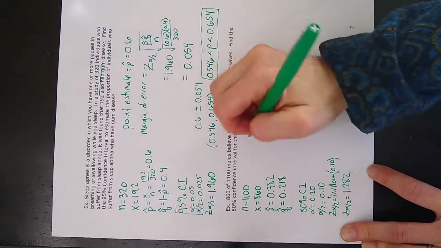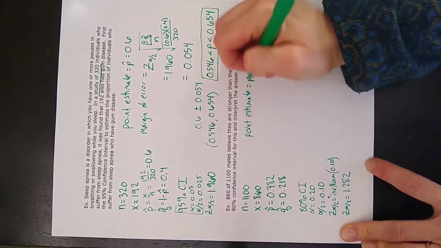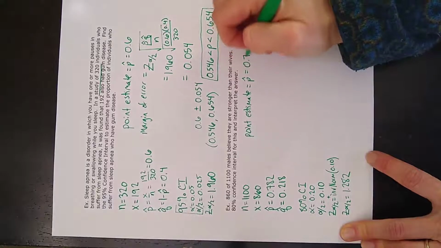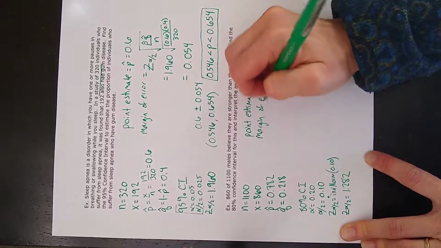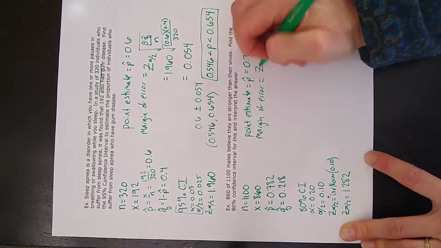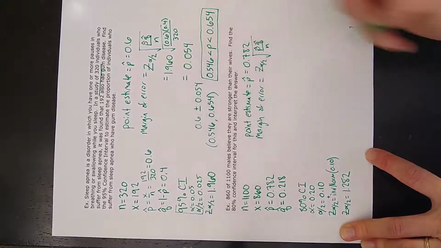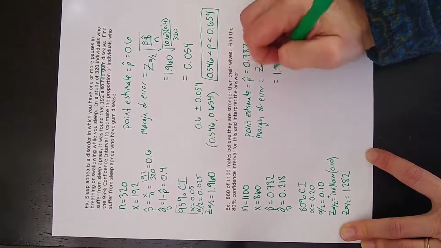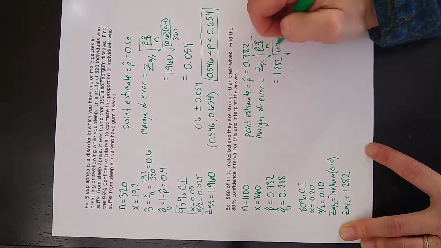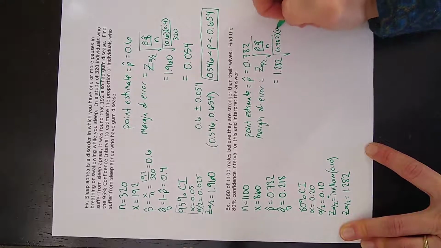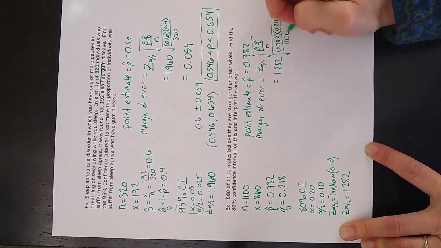Okay, so point estimate is P hat, which is 0.782. Margin of error is Z alpha over 2 times the square root of P hat, Q hat over N. So 1.282 times the square root of 0.782 times 0.218 divided by the sample size of 1100.